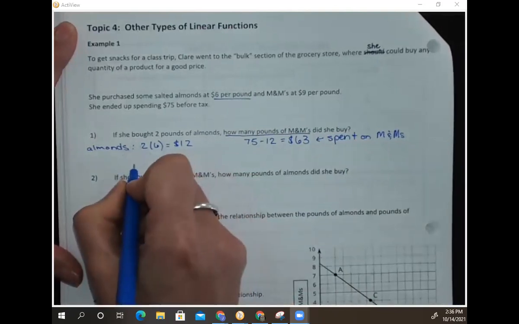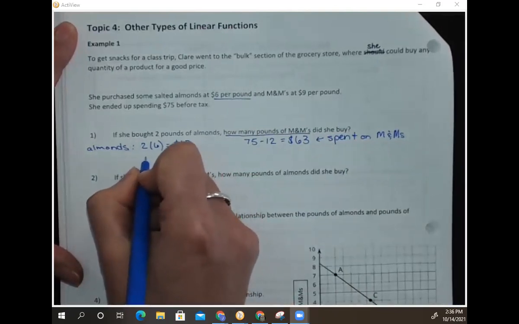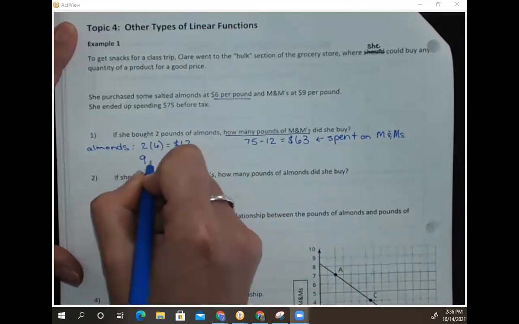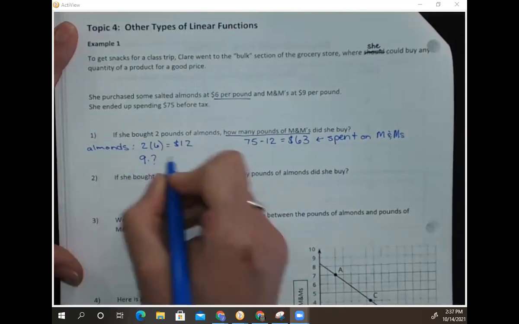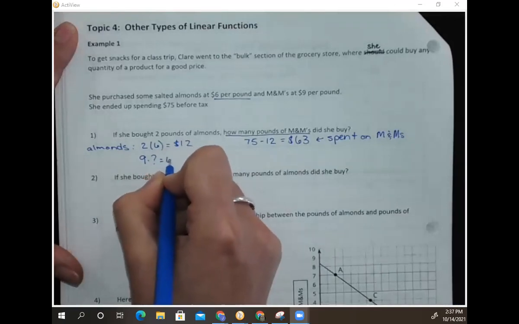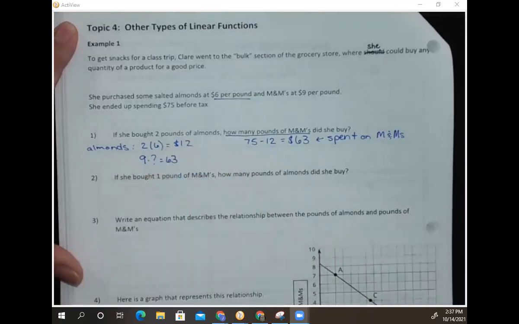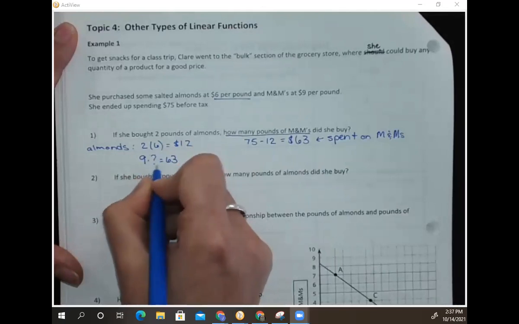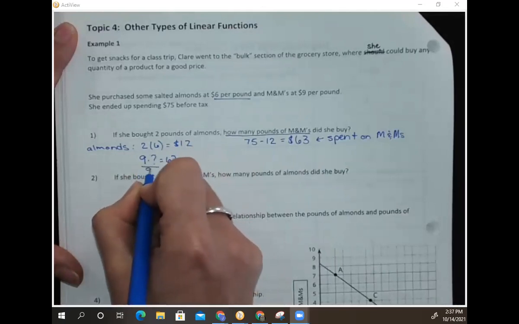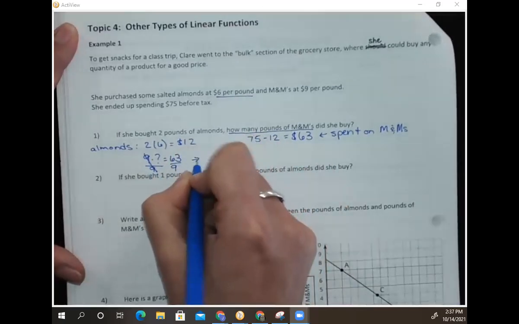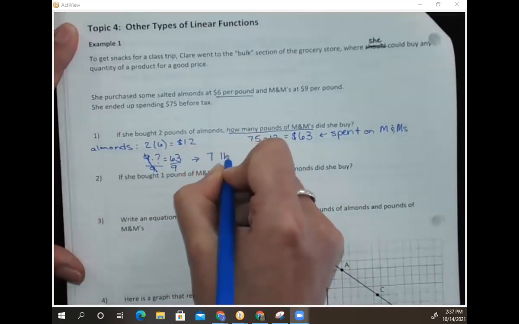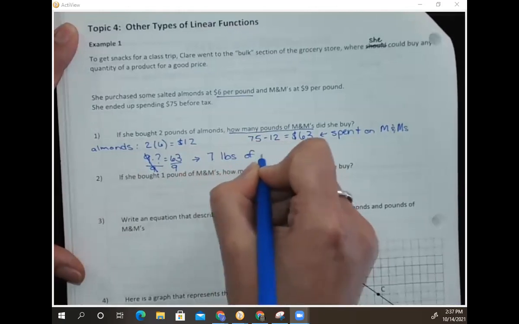So M&Ms are $9 per pound. And I bought, I don't know, some M&Ms for a total of $63. So to figure out how many pounds of M&Ms I bought, I'm going to divide both sides by 9. And that would tell me that I bought 7 pounds of M&Ms.